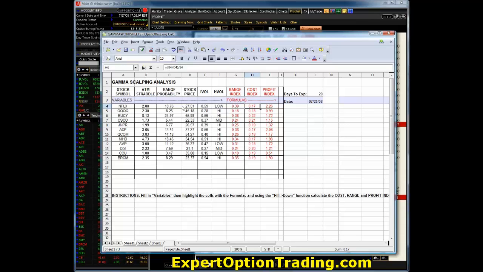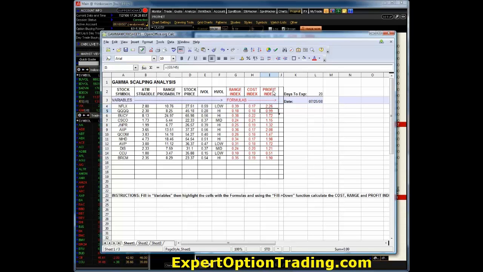That's how we basically determine which of these issues we're going to be using for gamma trading. The profit index itself is simply a measurement of the ratio between the range and the cost. We want the range as high as possible. We want the cost as low as possible, and that gives us a profit index.